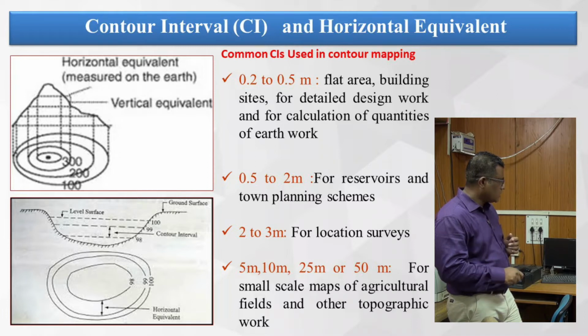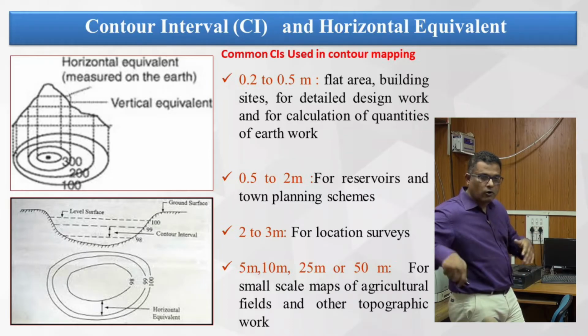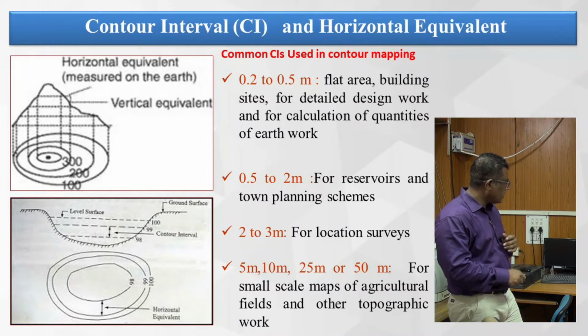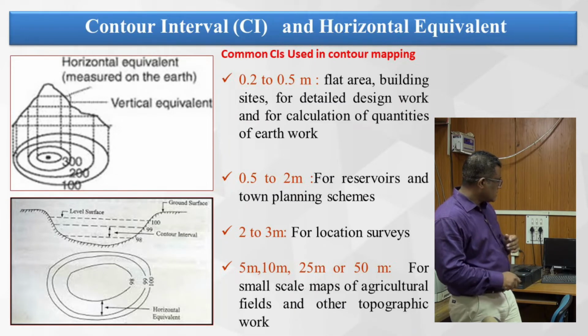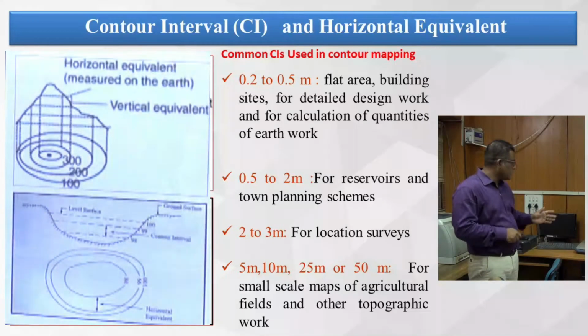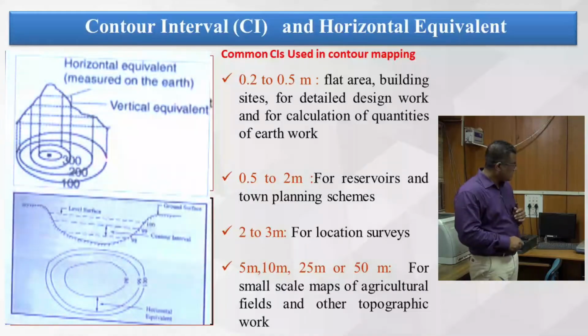Since it is circular, a mountain hillock, the elevation would be all around. So the 100 meter elevation will be represented like this. At 200 meter it will be represented like this, 300 like this, 400 like this. See, what you see here is where the slope is less steep, the distance between the contours is comparatively larger than at places where there is a steep slope like this one.